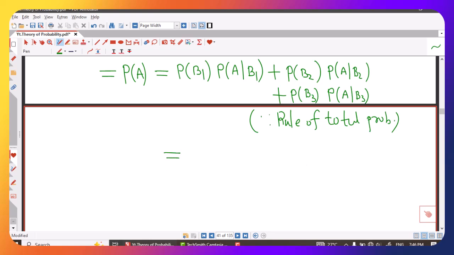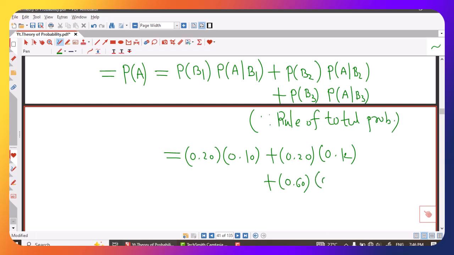And now we have all these values. The probability of B1 is 0.20, this is 0.10, this is 0.20, this is 0.12, and the probability of B3 is 0.60, and this is 0.04.